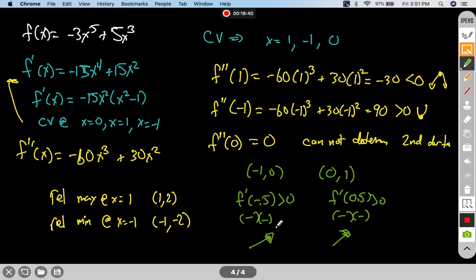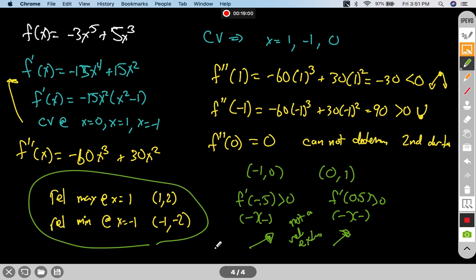So this is not a relative extrema because it's increasing and it's increasing. First derivative test says it has to change from increasing to decreasing or decreasing to increasing. So this one has just two relative extremas. A relative max and a relative min. So that's the second derivative test.